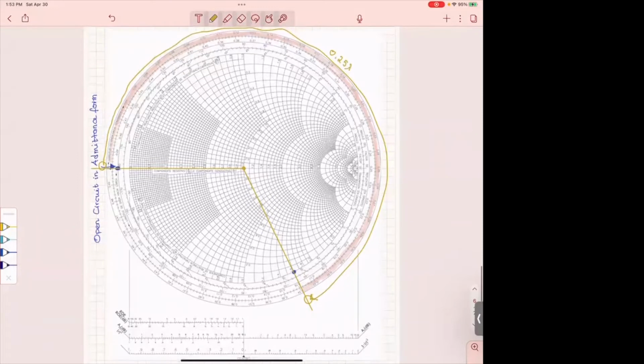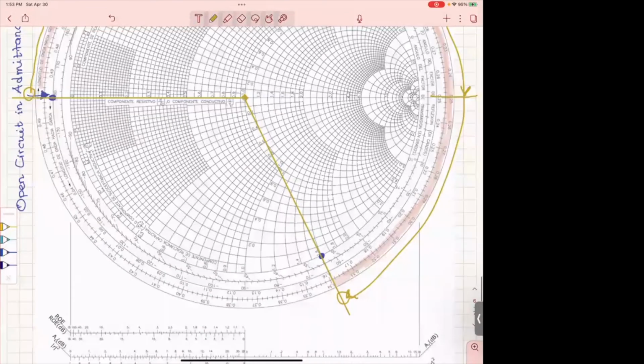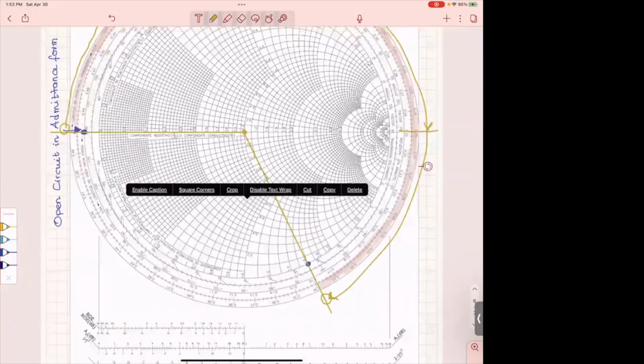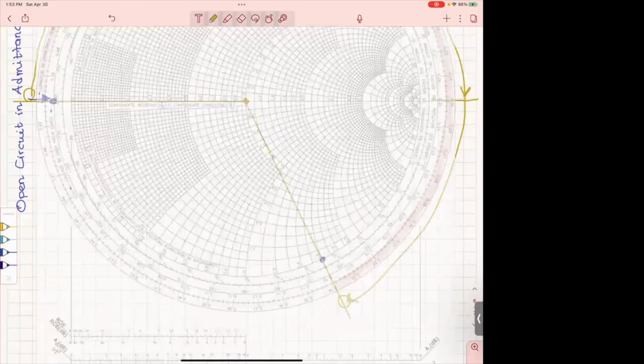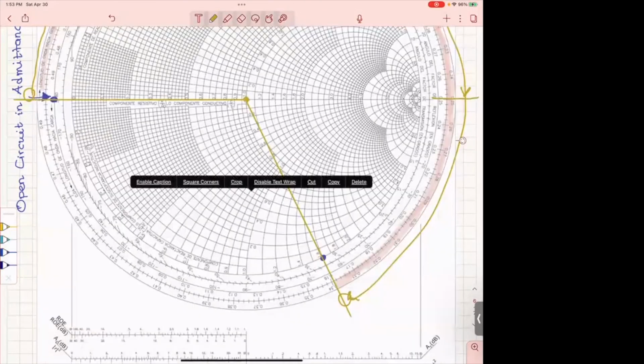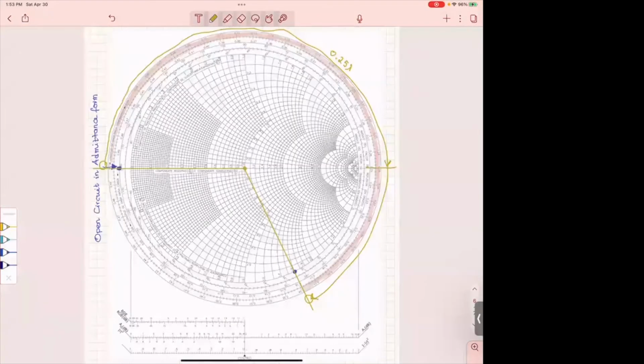And then up to here. And then from there, we have to move down to that point, which is here, let me see, almost 0.34 lambda.